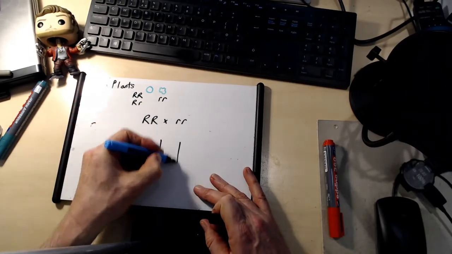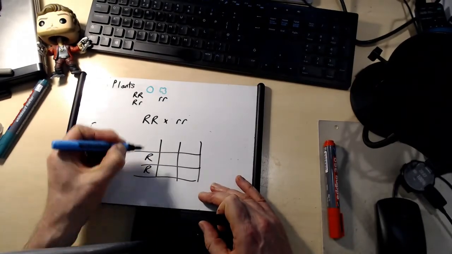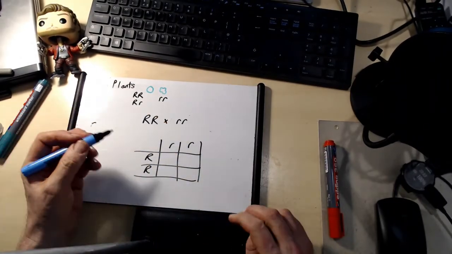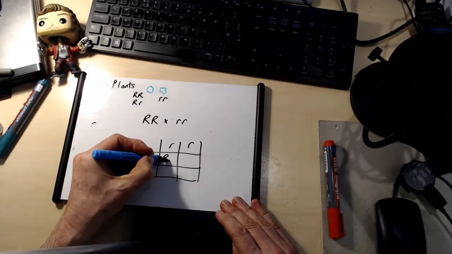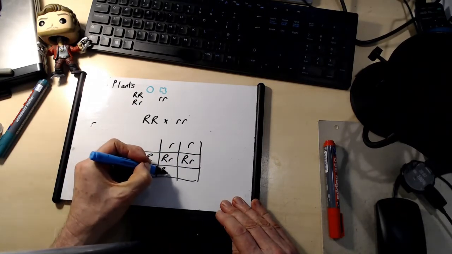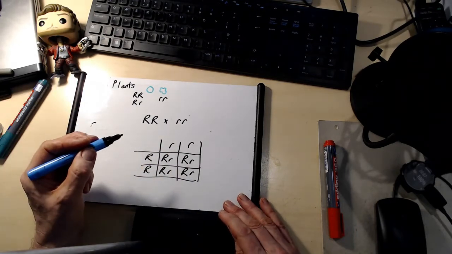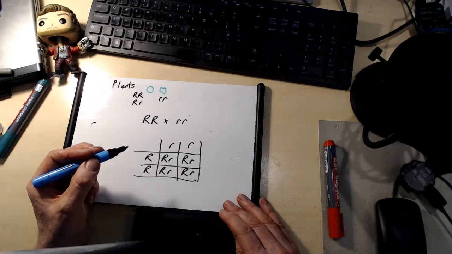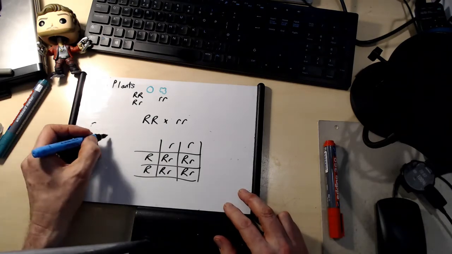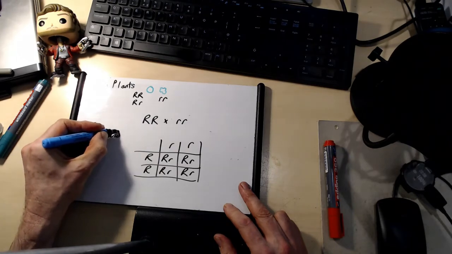Again, Punnett square. If we cross them, you can now see they're all heterozygous. All the offspring are heterozygous round, so they're round peas and they're heterozygous.